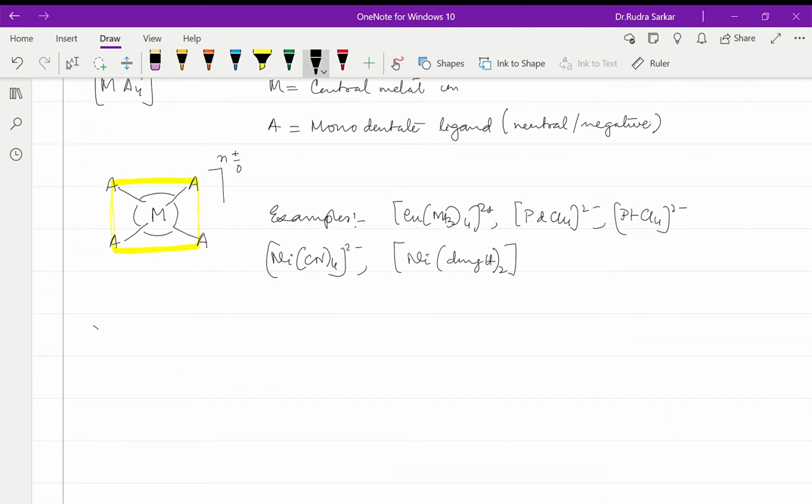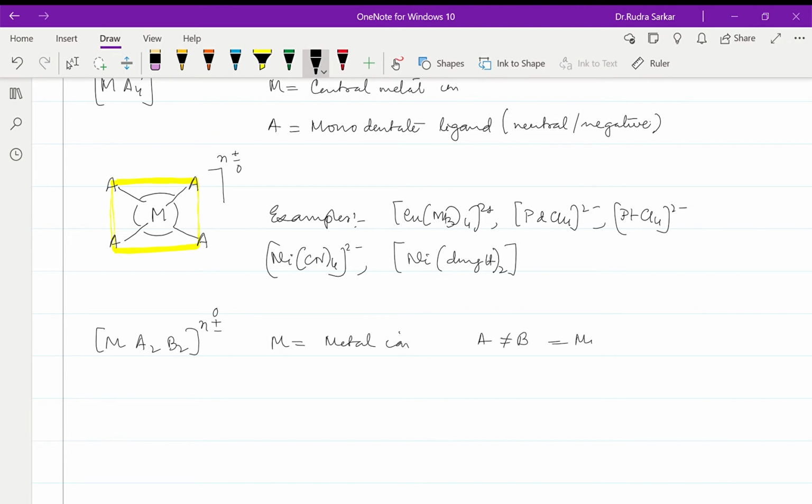What other types can we have? MA2B2. Again, the same notation we are using for indicating the charge outside the complex, and we will keep maintaining it. So M here, it is sure that it is a metal ion. A and B are not equal to each other.